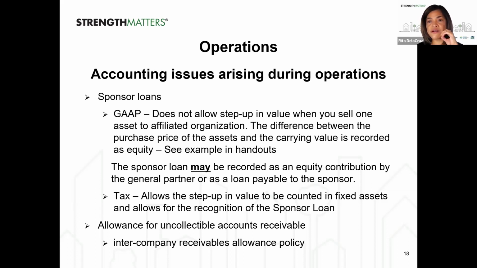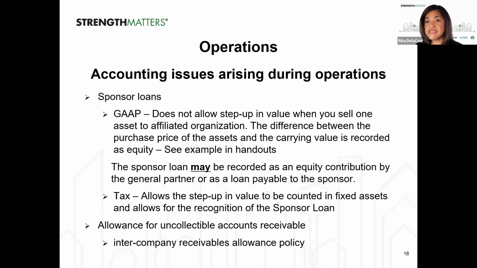So for your tax return, the sponsor loan is recorded as notes payable, which means in your tax return, they would record interest expense. So it can be a little complex when you record that as an equity contribution. Know that there will be these differences between your return and your GAAP financial statements.